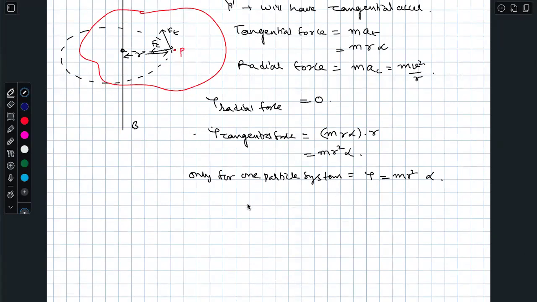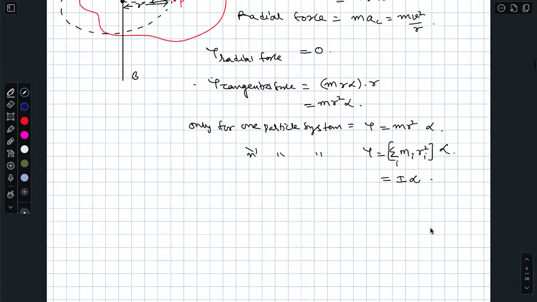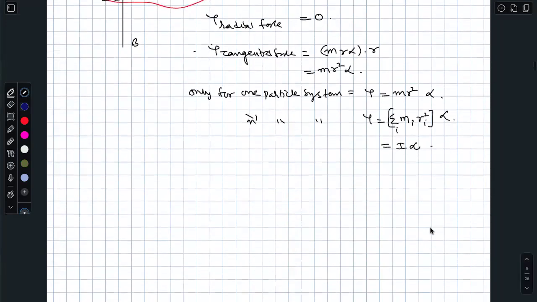If an n particle system exists, you will write torque as sigma m_i r_i square alpha, and this is I alpha.